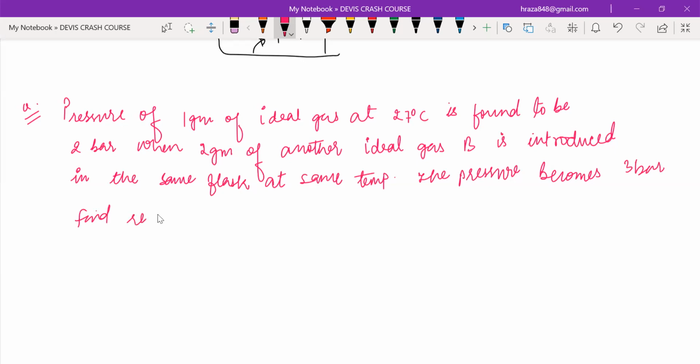Find the relationship between their molecular mass.